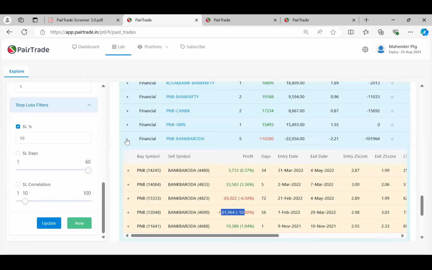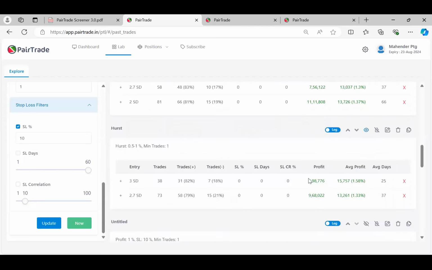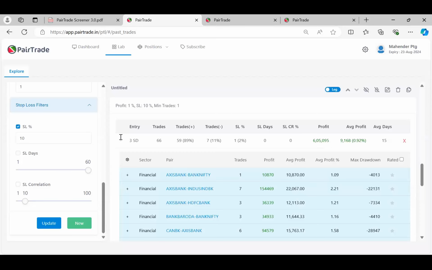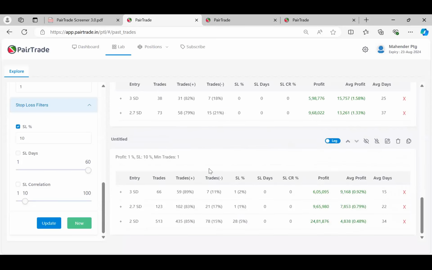Now if I use stop loss as 60 days, so update. If I use stop loss days, yeah, one more trade has hit stop loss here. Here 13 trades, here 118 trades. But if you see here, the average days would drastically come down because we are using 60 days as the stop.